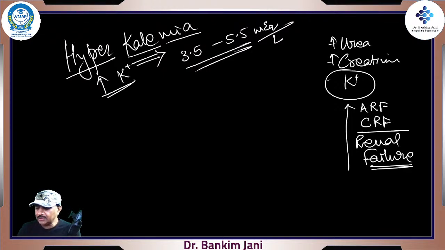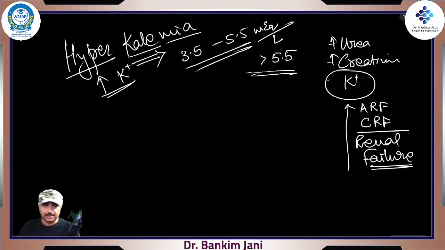When the kidney is failing, it is not allowing the potassium to go out. It is remaining in the serum, in the blood, in the extracellular fluid. So this is what really happens in this case. When it rises more than 5.5, it is called hyperkalemia.